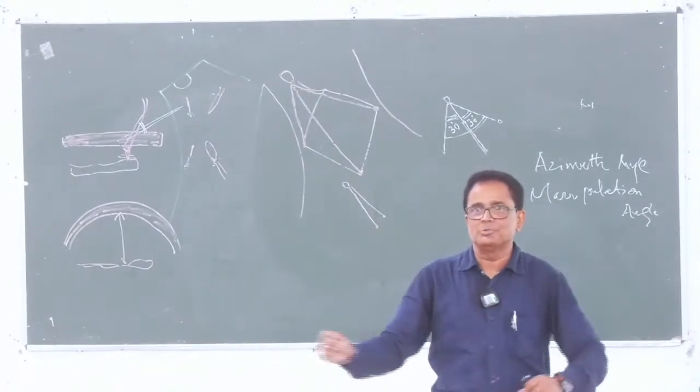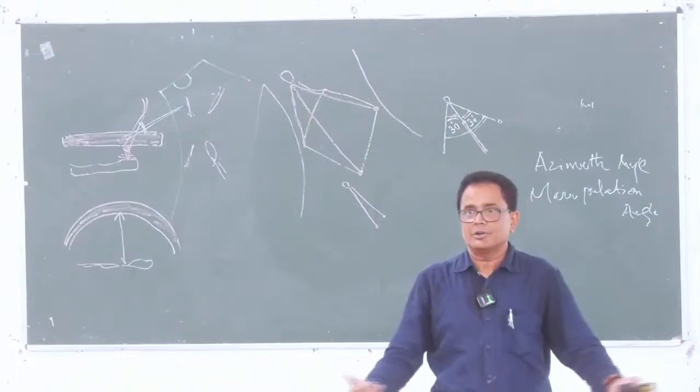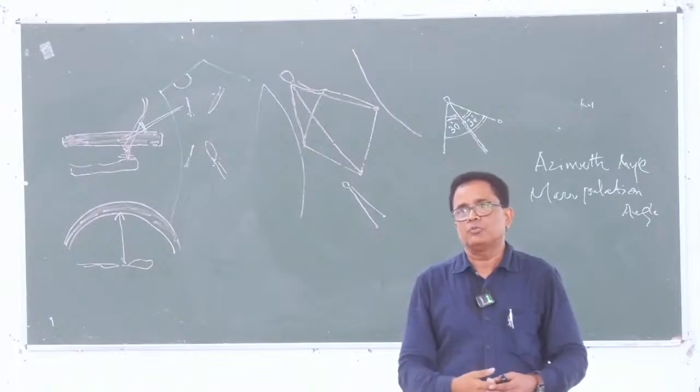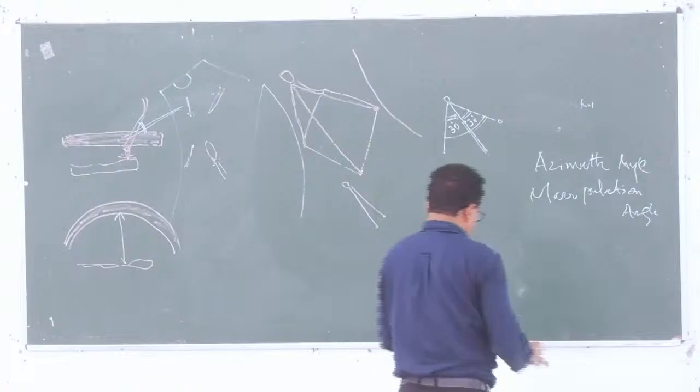You need to constantly move your hands. But if you put it very low, like parallel, then you can't operate. So the elevation angle should be around 45 degrees. Then that gives you a good picture.